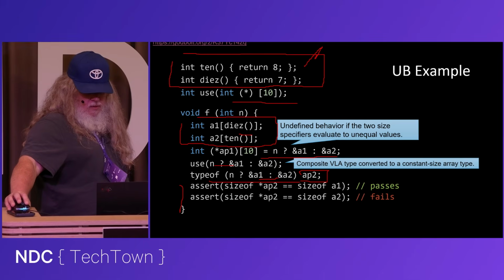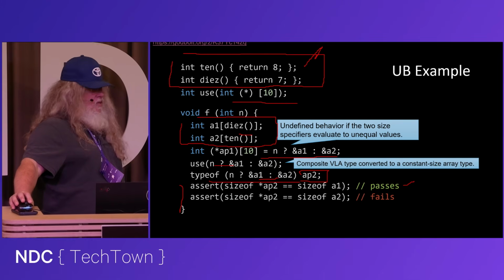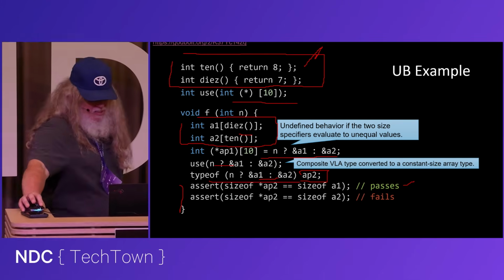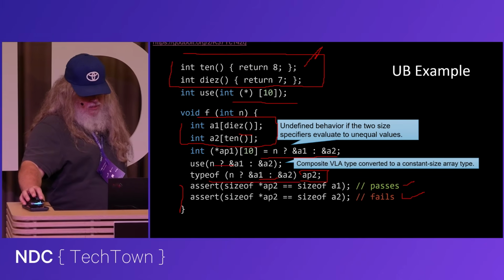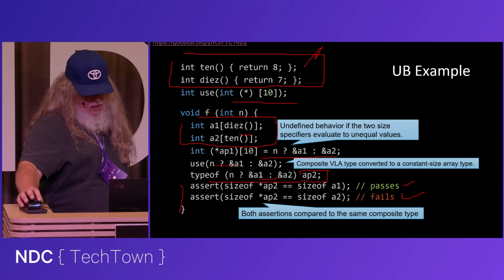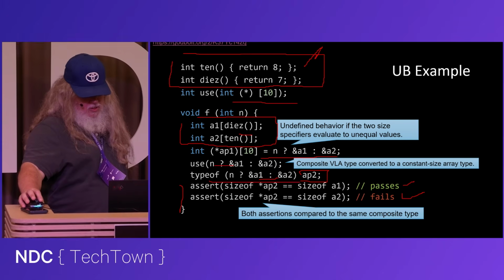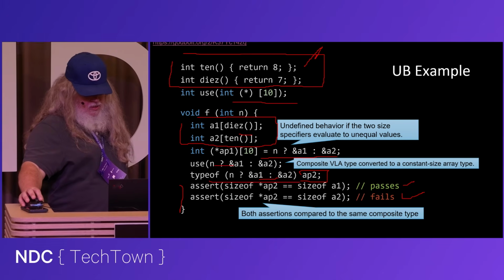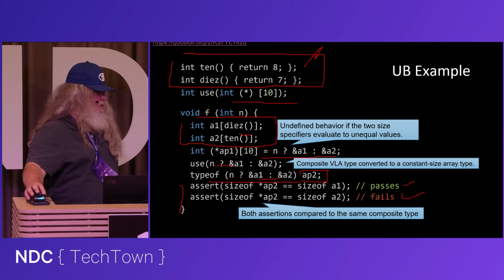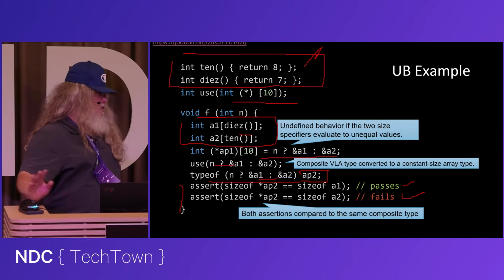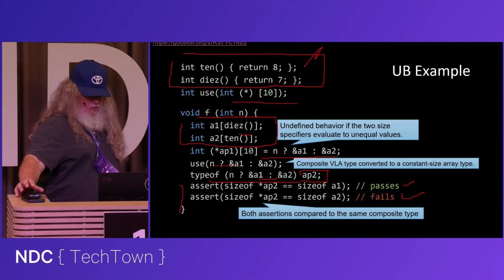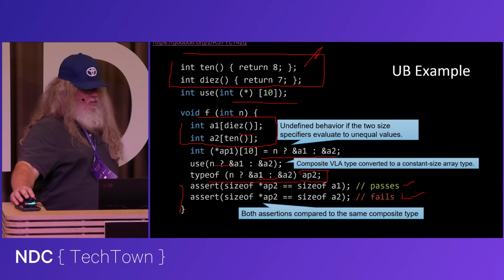And the compiler says, yeah, sure. And then we say, well, is it equal to the size of A2? And it fails. Both these assertions are being compared to the same composite type. So the fact that one passes and the other fails is a clear indication that you have UB in this code and things have gone array.